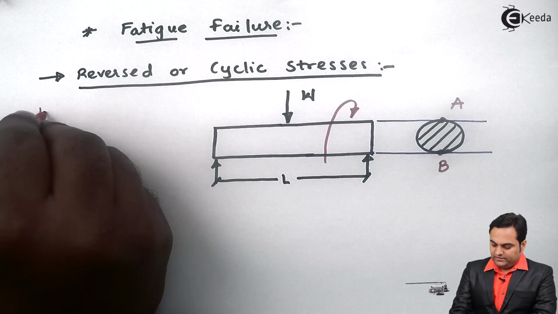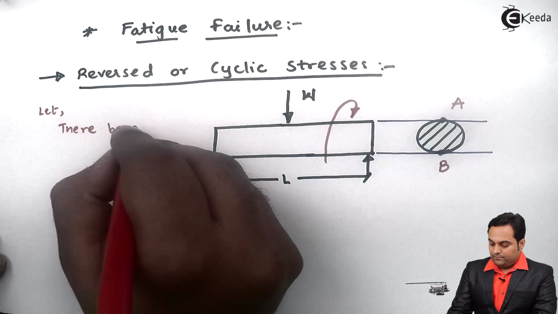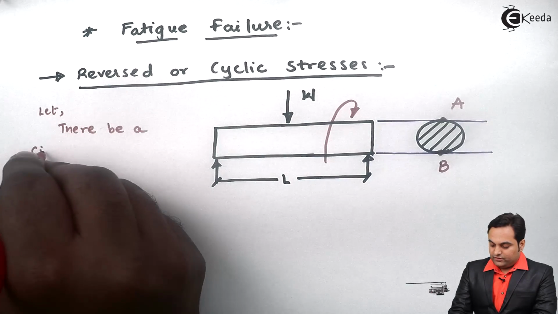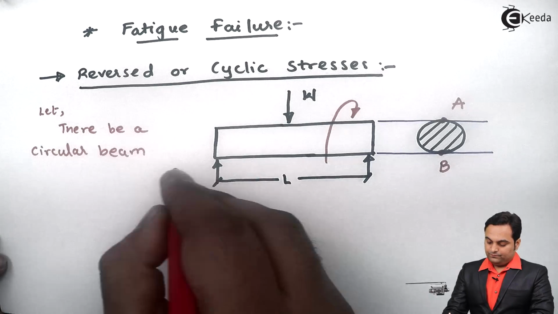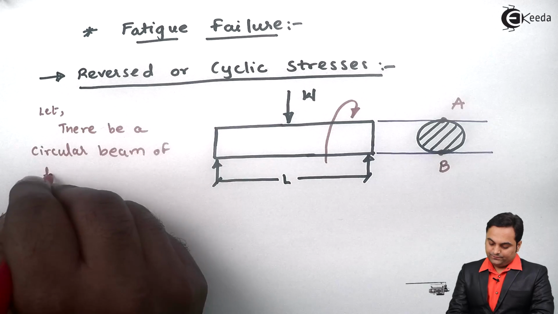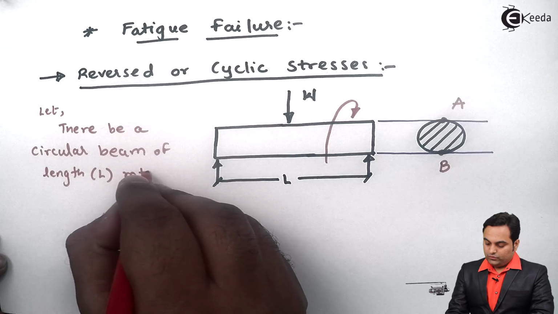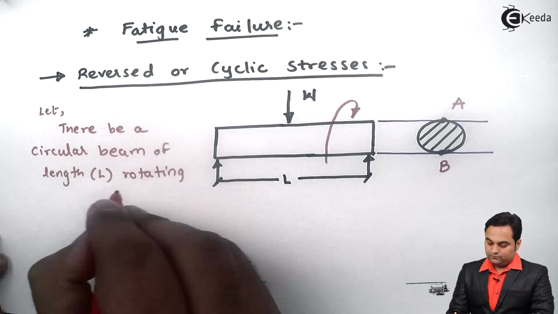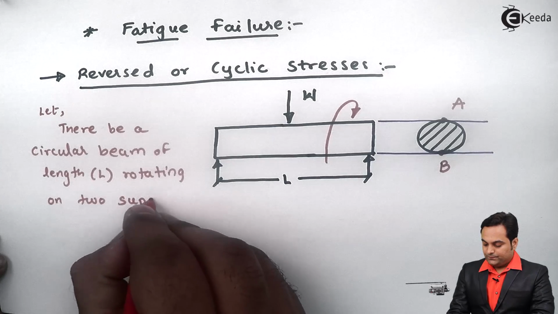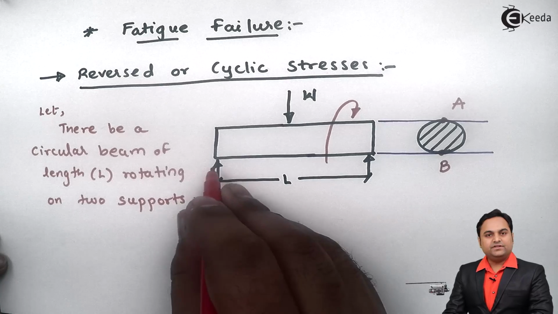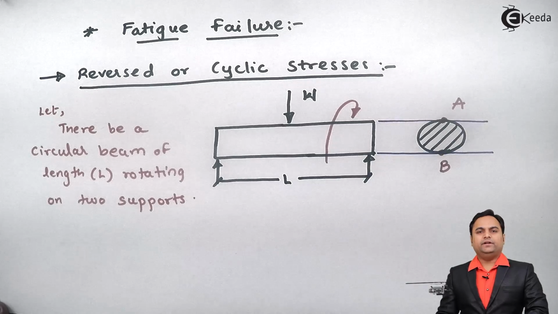So here I'll say: let there be a circular beam of length capital L rotating on two supports. In the diagram, the beam is supported at two ends and we are considering that it is rotating.